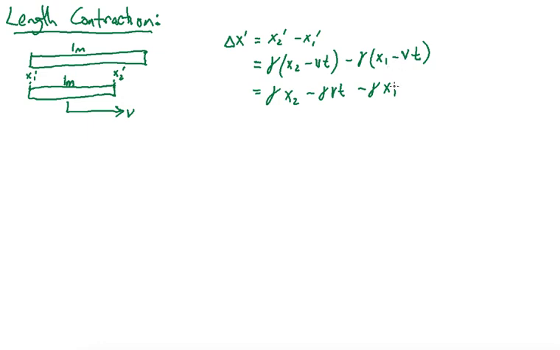Now minus a negative is plus gamma vt, and then we have a gamma vt negative and a gamma vt positive. Those cancel and you're left with just gamma x2 minus gamma x1, which is just gamma times (x2 minus x1), and x2 minus x1 would be gamma delta x.